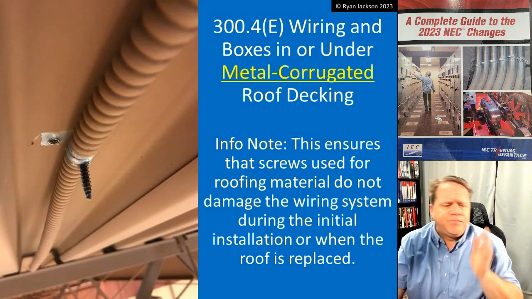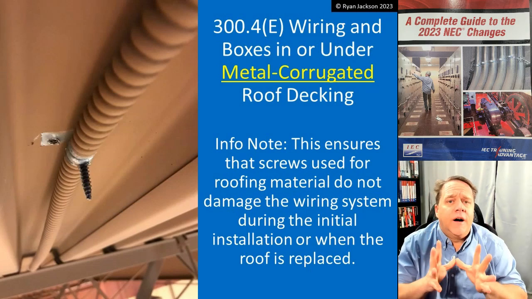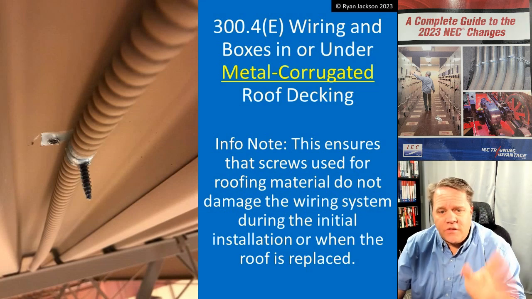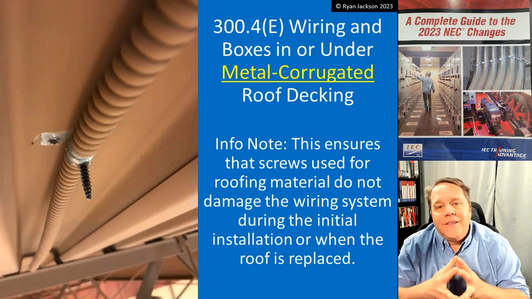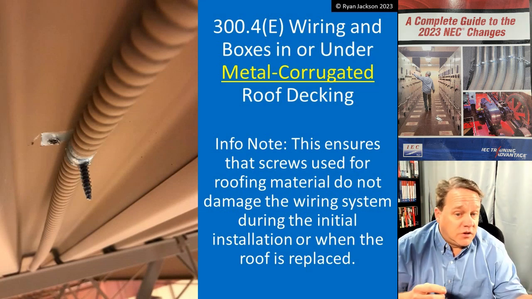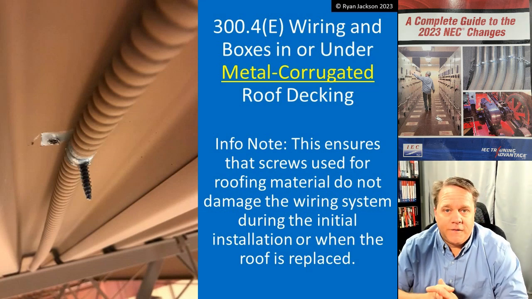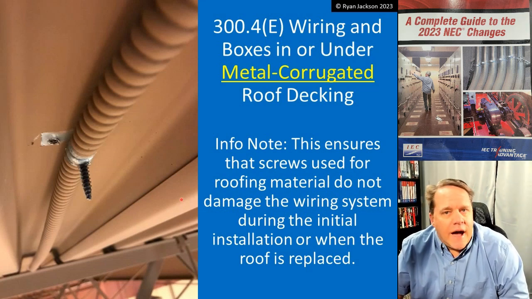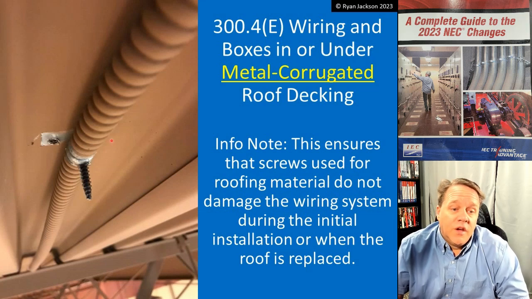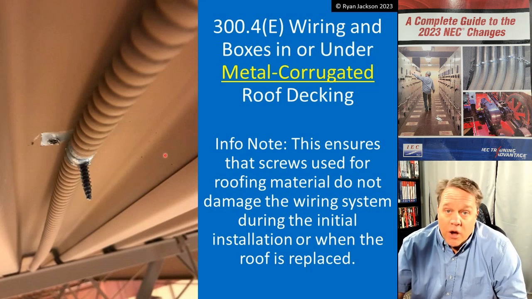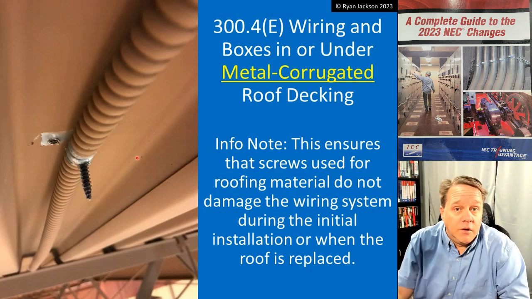And in fact, there's even an informational note that they added way back to clarify why we're doing this. It says this ensures that screws that are used for roofing material do not damage the wiring system during the initial installation or when the roof is replaced. So what if I get there after the roofing contractor has already laid the roof? Can I still put raceways up inside the roof decking? No, because what happens when it gets re-roofed? And that's what the informational note reminds us of.